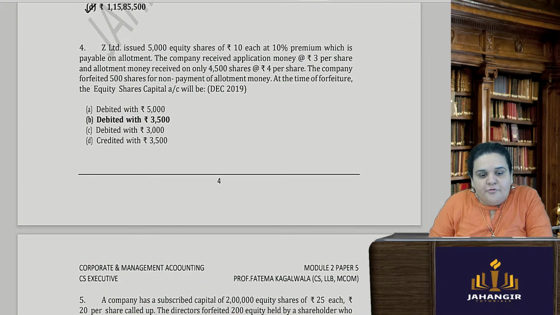The company then forfeited these 500 shares for non-payment of allotment money. At the time of forfeiture, what will the equity share capital account be? Will it be debited by 5,000? Will it be debited by 3,500? Debited by 3,000 or credited with 3,500?